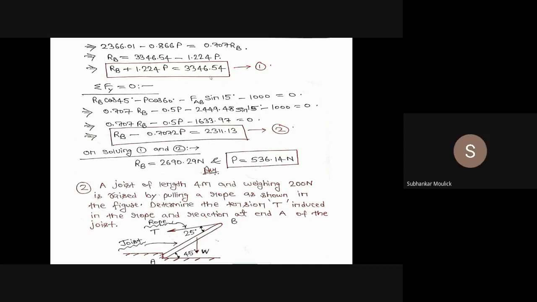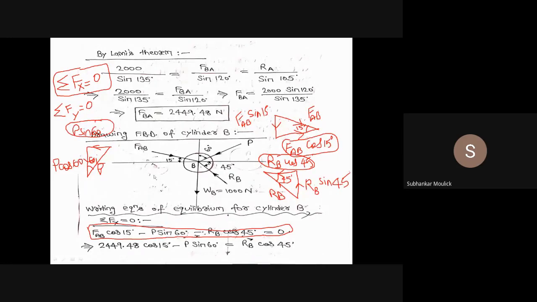No, sir. Okay. Similarly, I can write summation Fy also equal to 0. In that case, it will be plus RB sin 45 because the direction is positive, minus FAB sin 15, negative direction, minus P cos 60, negative direction, minus this W, that is 1000 Newton.